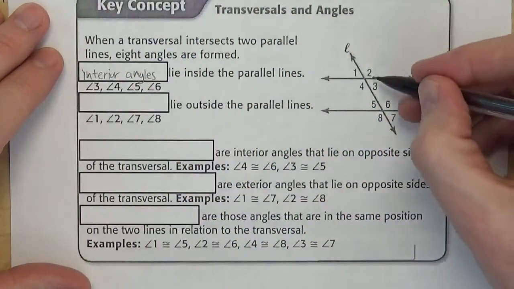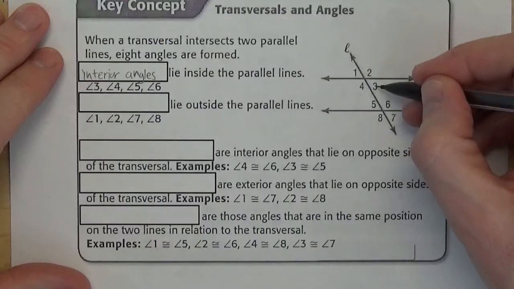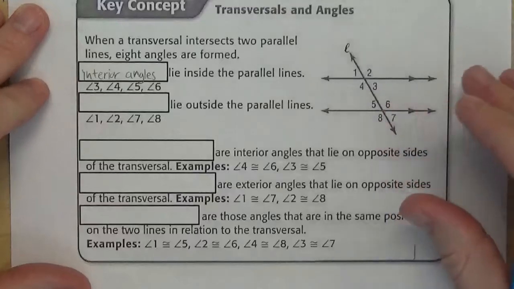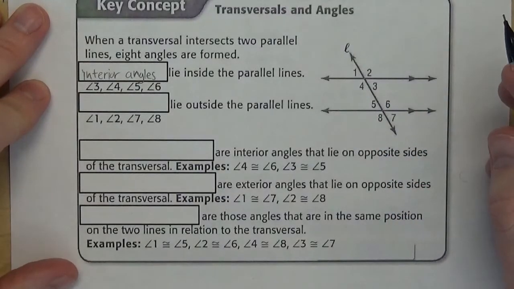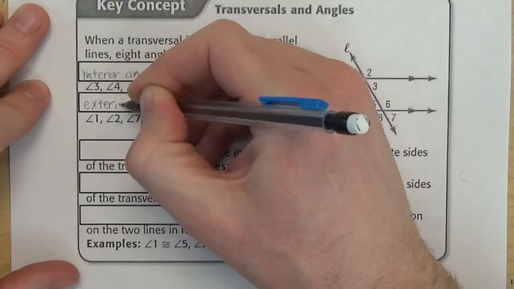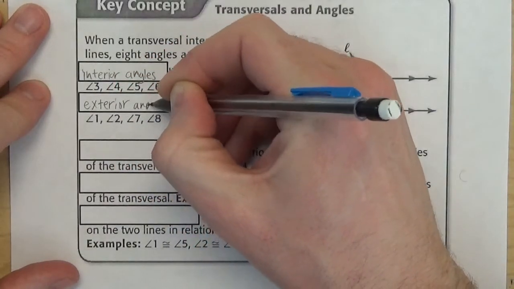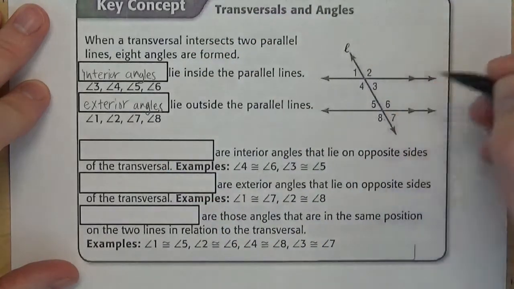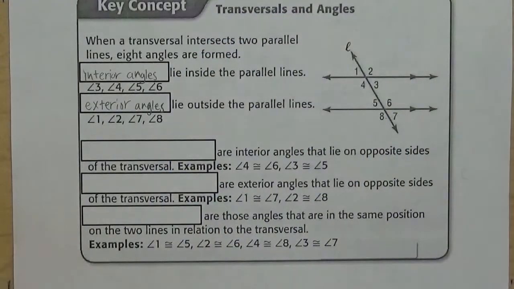All these angles that are on the inside of the parallel lines. So we're talking about 3, 4, 5, and 6. And it lists those there. On the outside of the parallel lines, you have what are known as exterior angles. We're talking about 1, 2, 7, and 8, the angles that are on the outsides of the parallel lines there.